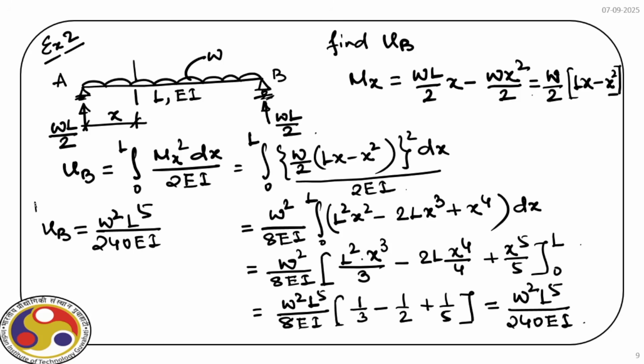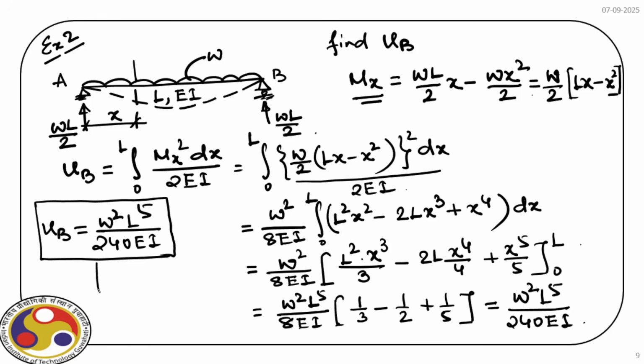That solves the problem. So now you can see how we can use the moment at a section x, and for this moment there will be some deformation, and because of that elastic deformation we'll have strain energy stored within the body, and that we can quantify as you can see on your screen.